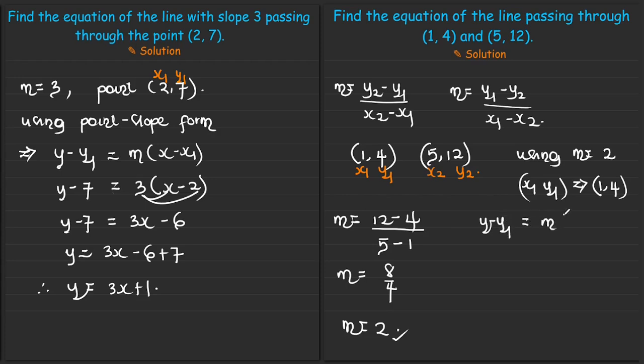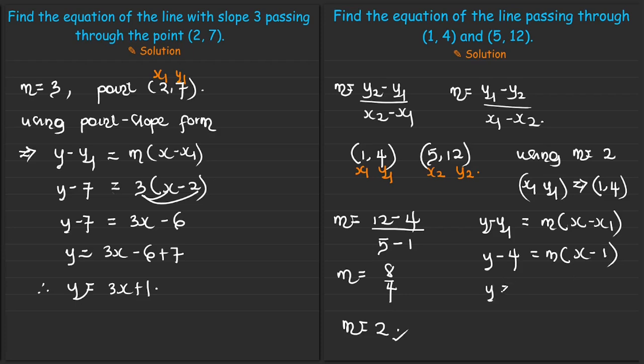Then I'm going to say with my point slope method, which says y minus y1 should be equal to m into bracket x minus x1. Then upon substitution, we have y minus y1, which is 4, is equal to m into bracket x minus x1, which in this case is 1. Then we make our y the subject.